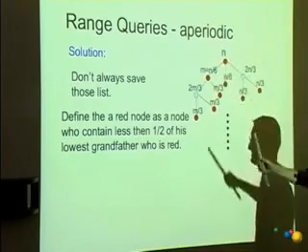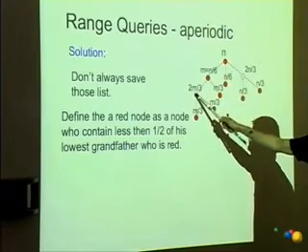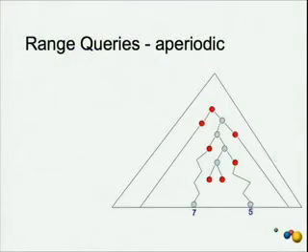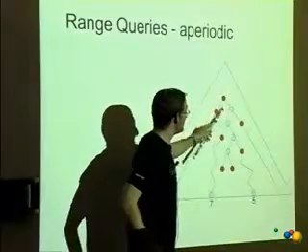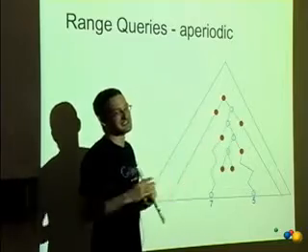So, for example, this node we didn't save, and this node as well we didn't save. Then you can easily see that each red node can have only one blue node. A blue node is a node that we didn't save.